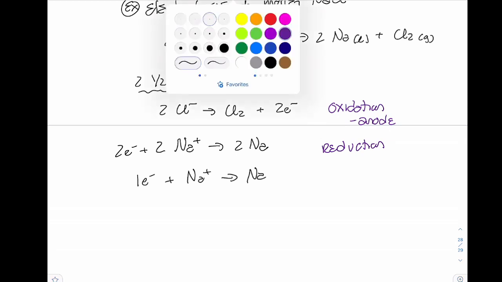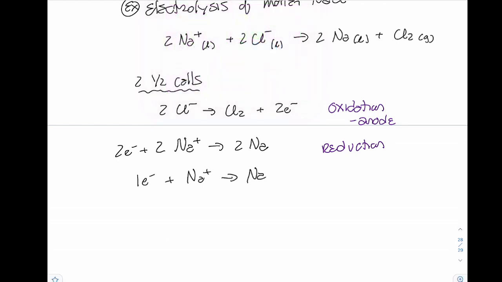So like if I look up the value for this one, which I was going to write down anyway, my reduction half reaction cell potential is a negative 2.71 volts. And when you look that up, it's going to be with this reaction.